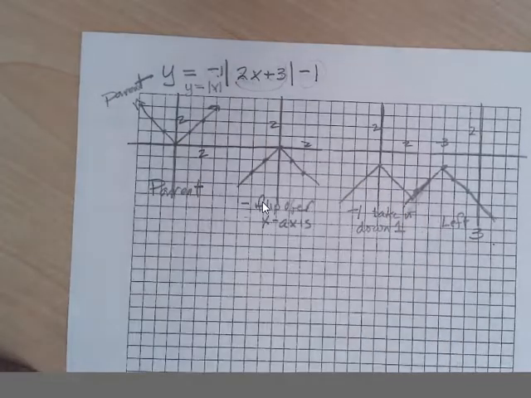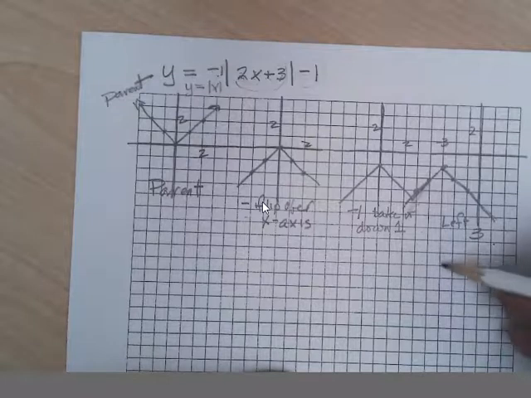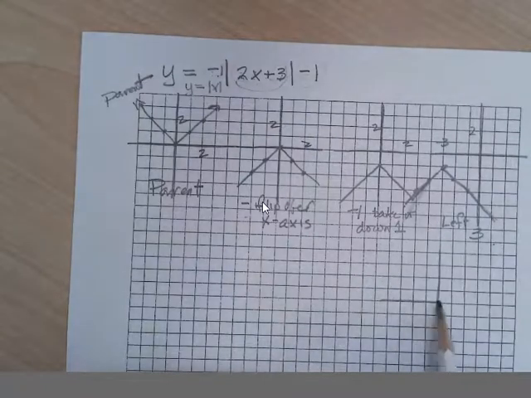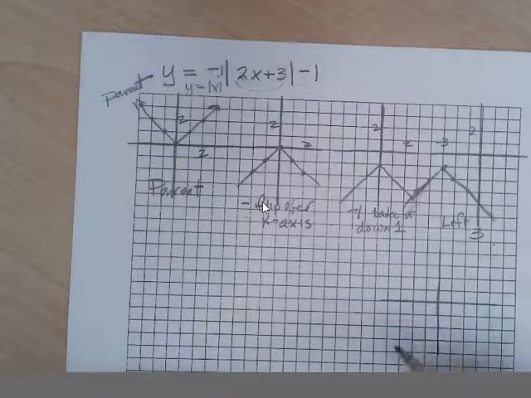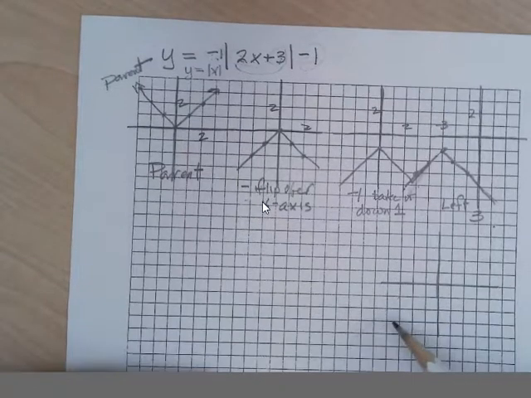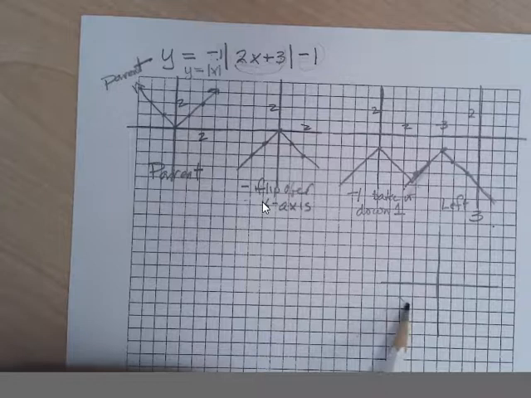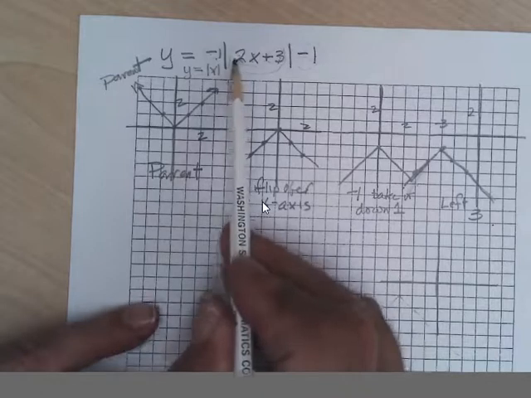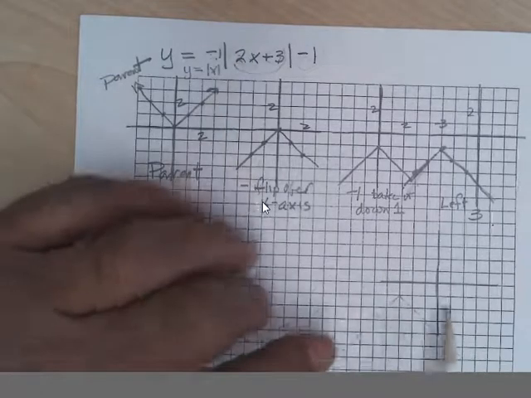Now I got to do the 2. So to do that one, and I'll do it down below here, so my curve is right now sitting here. And I'll draw it kind of lightly because I want you to see exactly what happens here. 2 times.